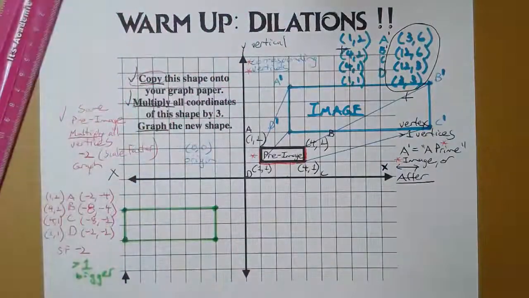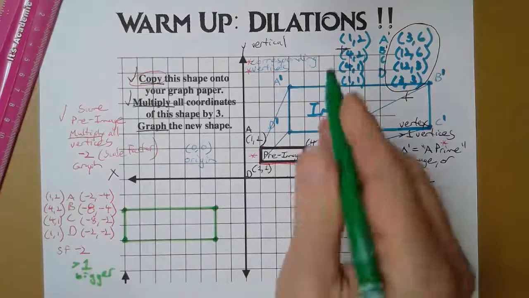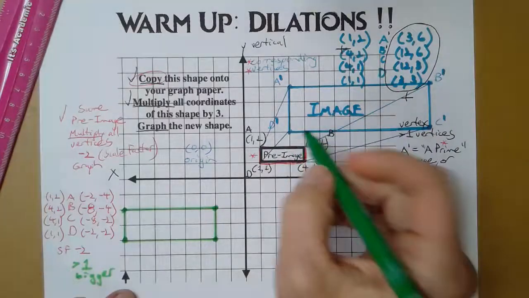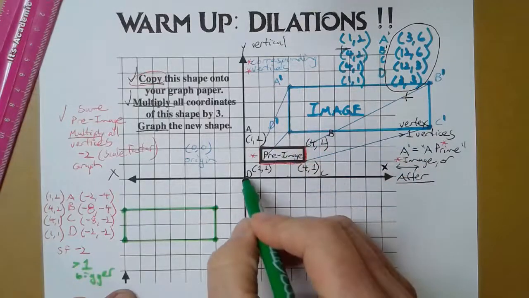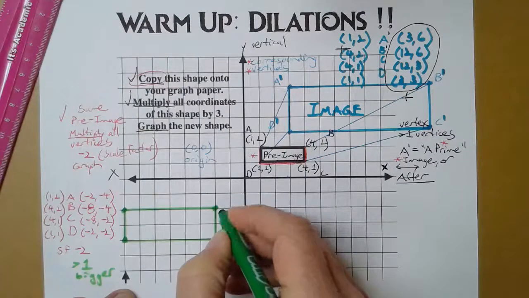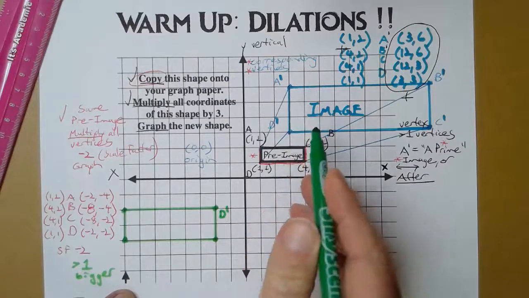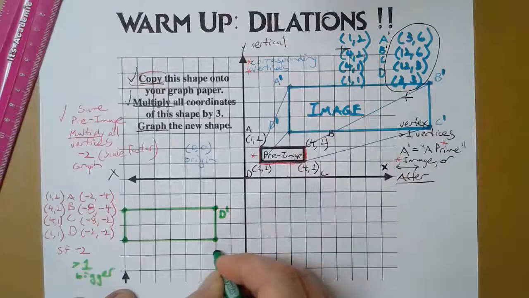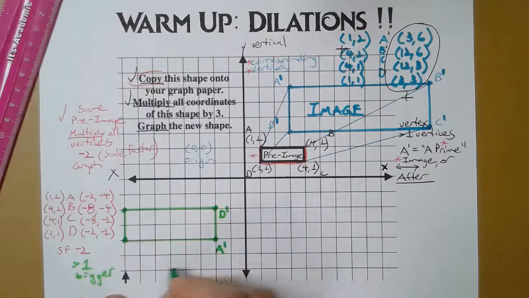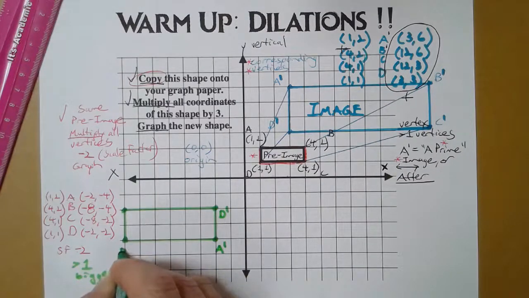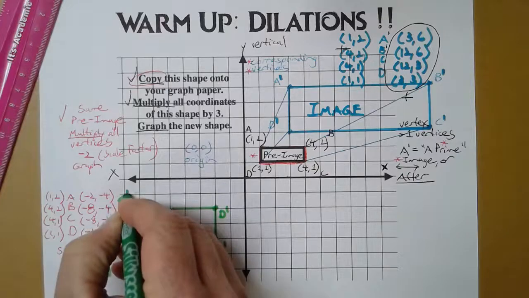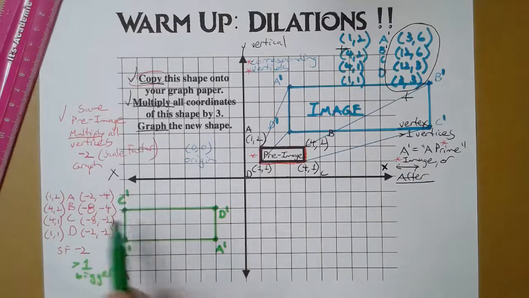I hope you find this interesting. So if this is D, closest to the origin, this would be D prime. This is A, we go around the clock, A, B prime, C prime, D prime. Check it against my coordinates, make sure I didn't mess up.